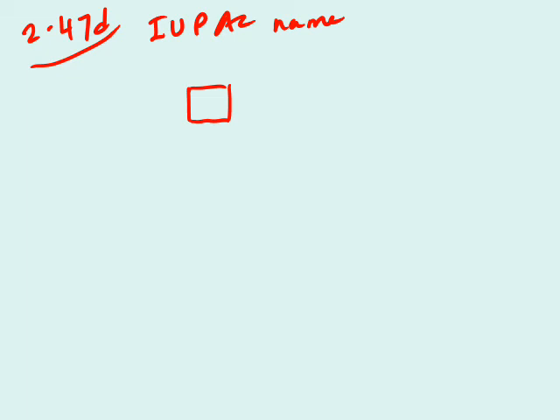Then you have 2 groups, one shown with a thick line. So it's exactly shown like this, CH3, CH3. And the other group is shown with the dashed line.